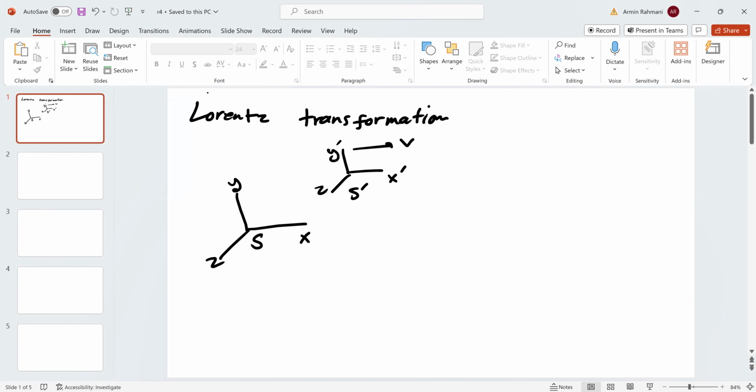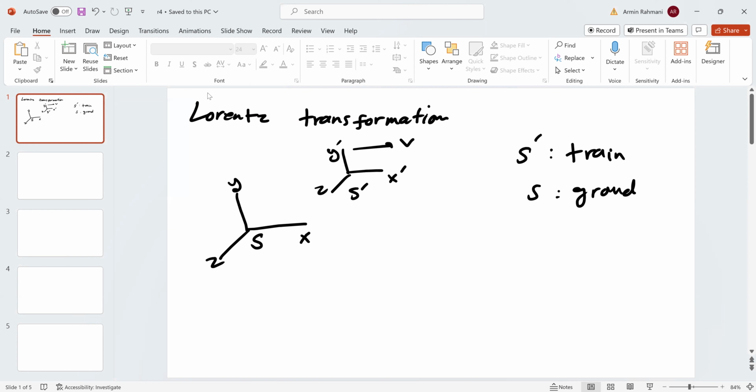So S prime can be the train, and S can be the ground, someone standing on the ground. And S prime is an observer on board the train that's conducting some experiments on the train. So we can have different events. Something that happens has a specific time and position in either reference frame.